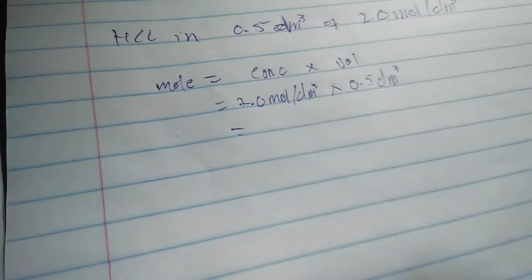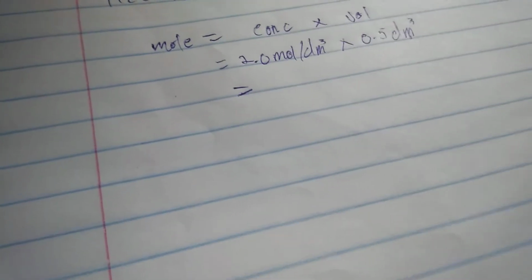The formula that we know is that moles is equal to concentration times volume. Our concentration is 2.0 mole per decimeter cubed times 0.5 decimeter cubed, which is our volume. And our answer will be 1 mole of HCl.